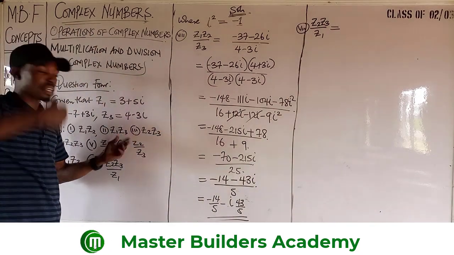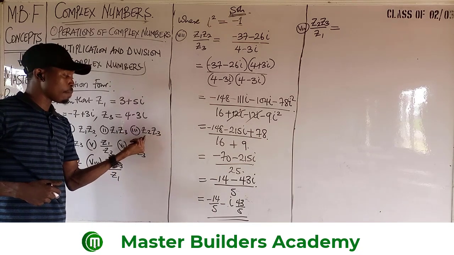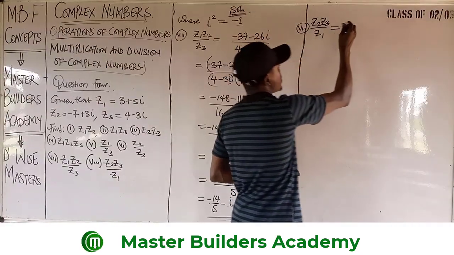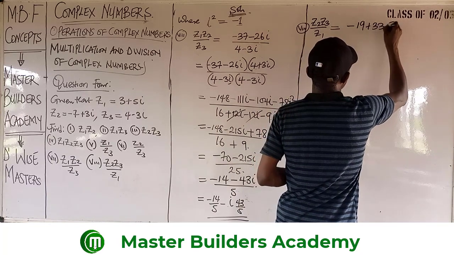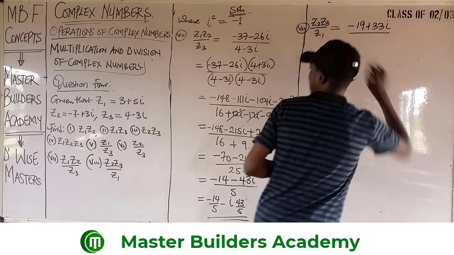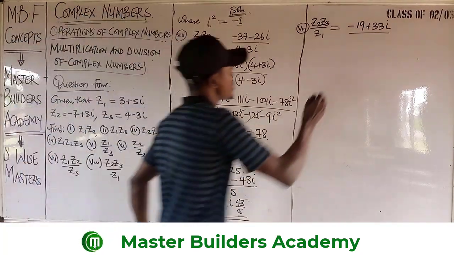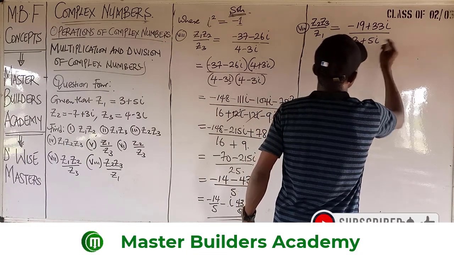So just go to question number 3 and get the result for multiplying Z3 by Z2 or Z2 by Z3. We have that Z2 multiplied by Z3 as minus 19 plus 33i all over Z1, which is given as 3 plus 5i. This is what we have.